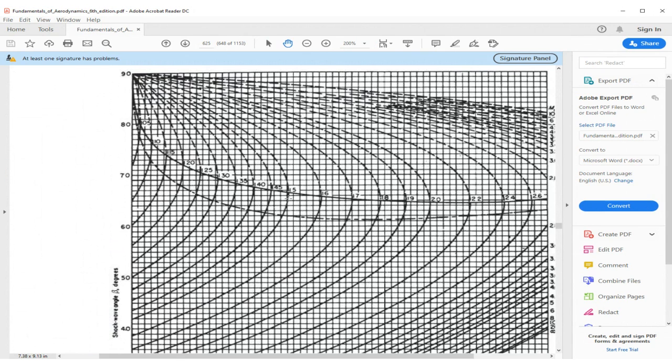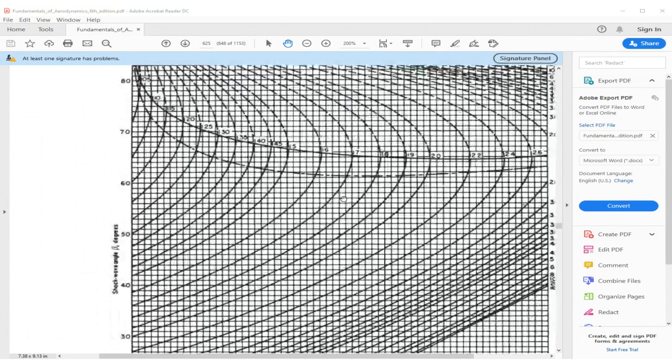So that's the maximum angle for an attached shock wave at a particular Mach number. That's just something that we're going to have to keep in mind. I think that's everything for this plot. Let's just work through a couple exercises with it and see where things go.